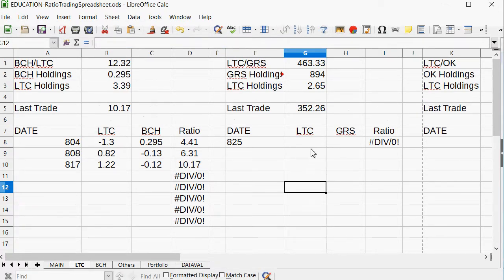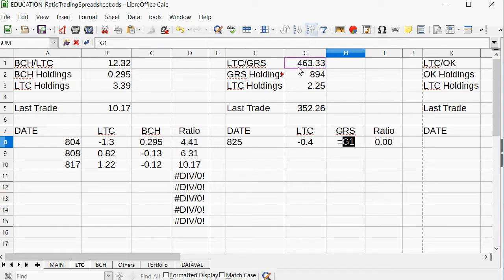Okay, so the owning of Litecoin, as it's going higher, 2.65. Maybe sell a 0.4 spot. And it's going to be getting over 100 now, it looks like. Still multiplied.